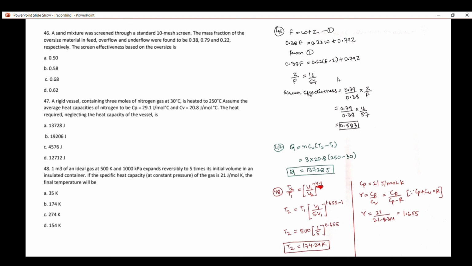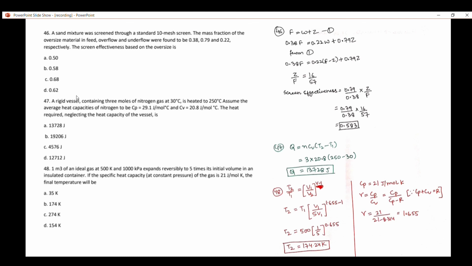So screen effectiveness based on oversize is 0.79, which is the overflow mass fraction, upon 0.38, which is the mass fraction of feed, into Z by F, both the quantities. So the screen effectiveness is 0.583, which is option B.